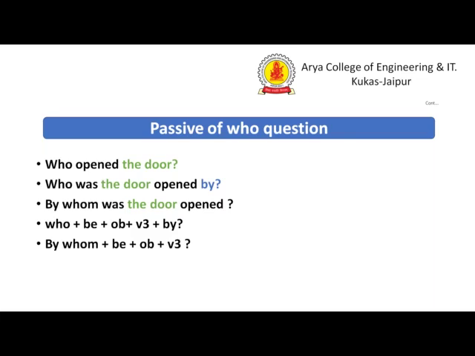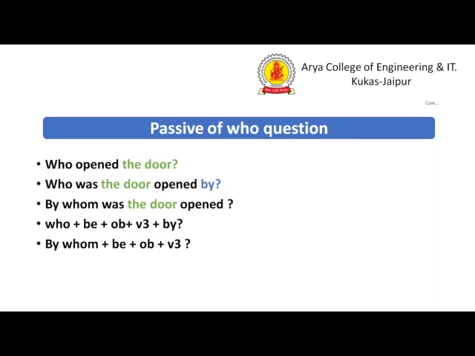Here in the sentence the past tense is applied, so we can write "who" as it is, and after that we apply the past tense, the converting rule: was and were according to the subject.